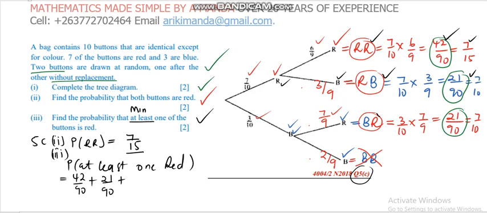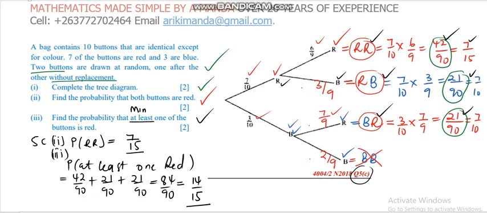Plus this combination, which contains one red, the probability is 21 over 90. If we add this, we get 84 over 90. But we simplify our answer. When this fraction is reduced to its lowest terms, we get 14 over 15.